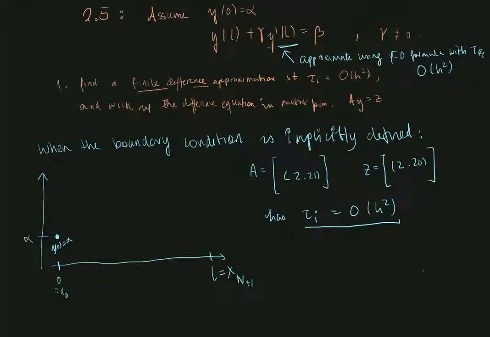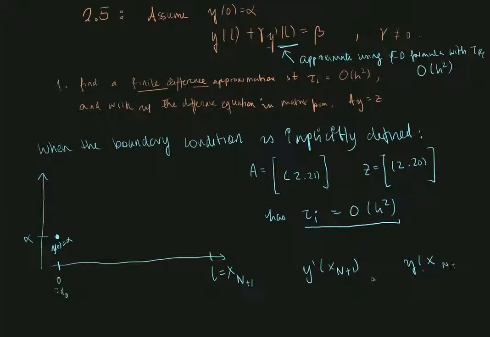So what we see quite quickly is we can't use the forward or backward difference formula because their truncation term is big O of h and not big O of h squared. And we can't use the centered one either, because if I want to approximate y prime of L, this is y prime of x n plus 1, then if I use the centered one, I will need y of x n plus 2, and I don't have that.